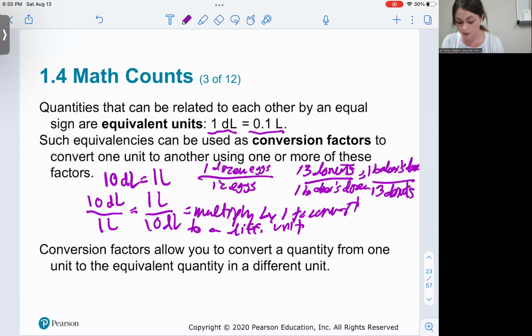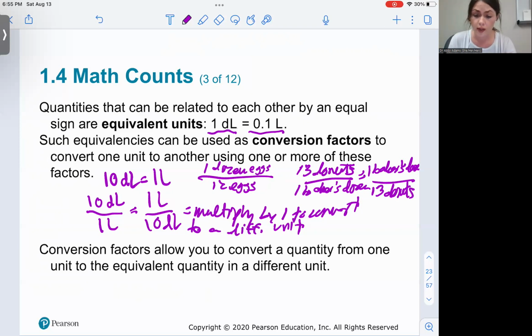If your problem gives you a number in donuts and not a baker's dozen, then you can use this conversion factor. If they give you donuts and you want the answer in baker's dozens, you can use this, okay?